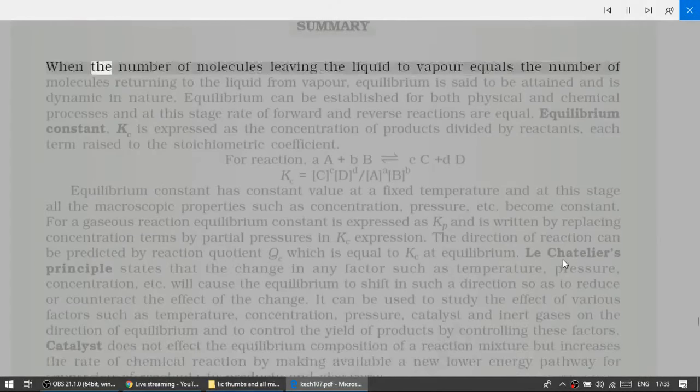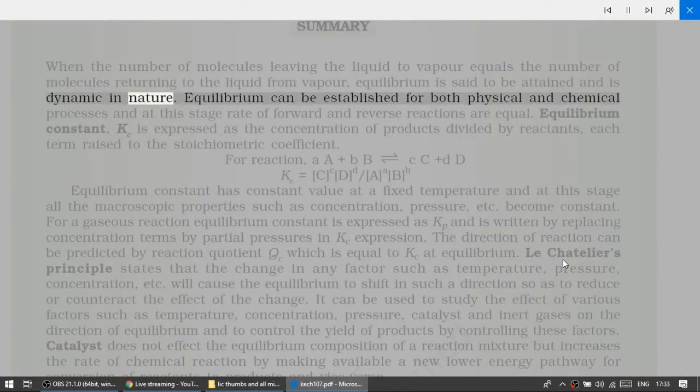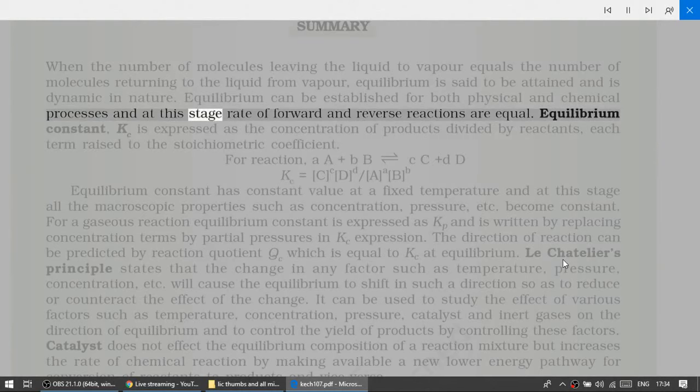Equilibrium summary. When the number of molecules leaving the liquid to vapor equals the number of molecules returning to the liquid from vapor, equilibrium is said to be attained and is dynamic in nature. Equilibrium can be established for both physical and chemical processes, and at this stage the rates of forward and reverse reactions are equal.